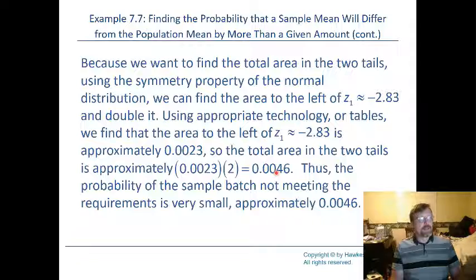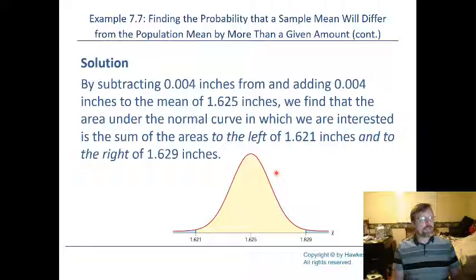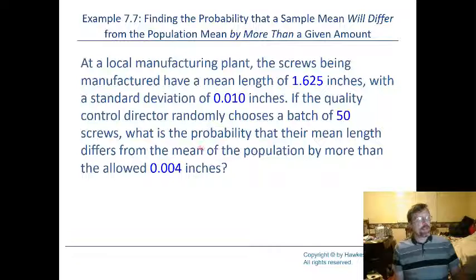I'm going to circle back here for a minute. You might not remember, but I remember when I saw this, I noted the tail area I'm looking for is a lot smaller than the standard deviation, and so I was kind of half expecting the z-score to be fairly small.